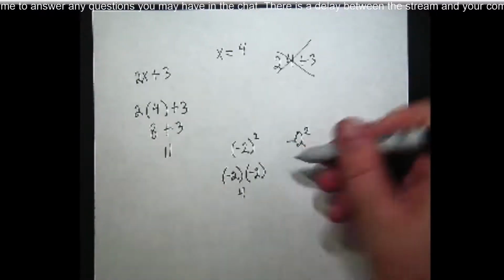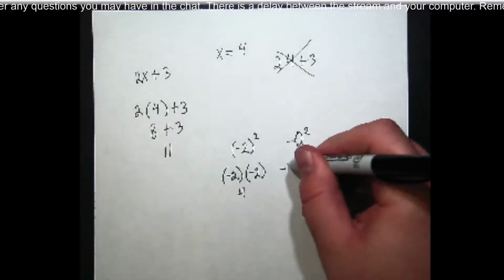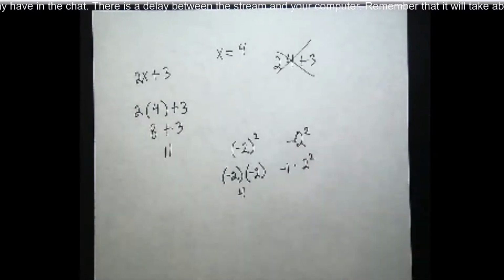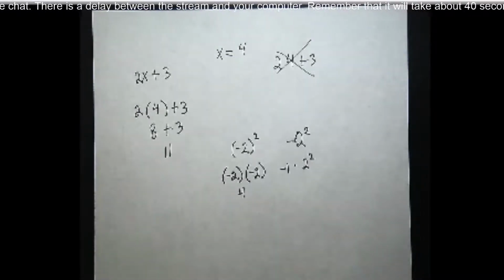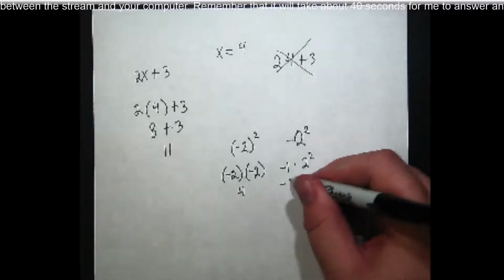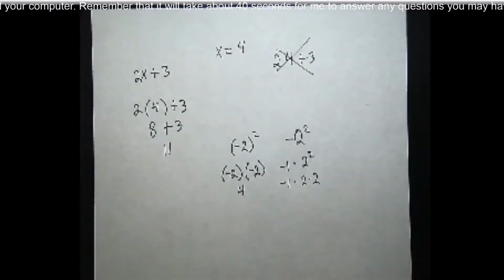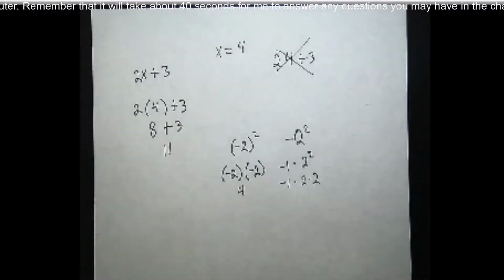Again, if we were to zoom into this and expand it, what this really looks like is -1 times 2 squared. Which, of course, we can expand again to say -1 times 2 times 2, since 2 squared is 2 times 2.